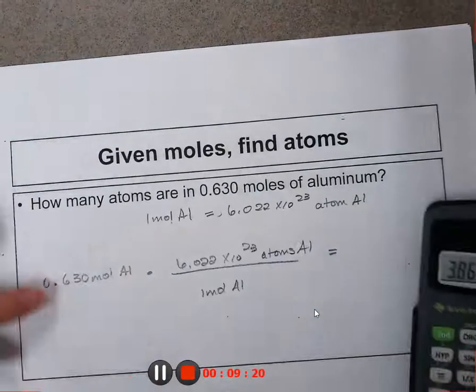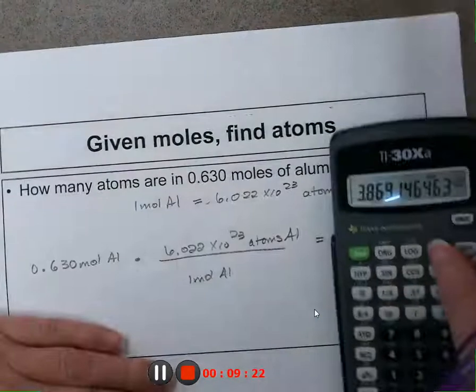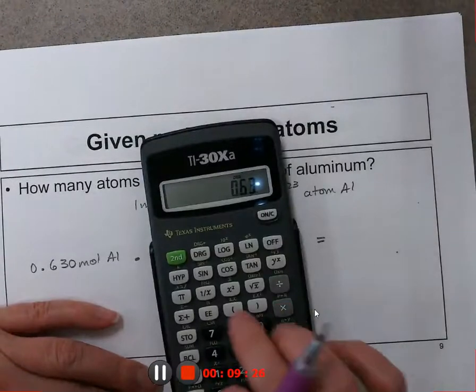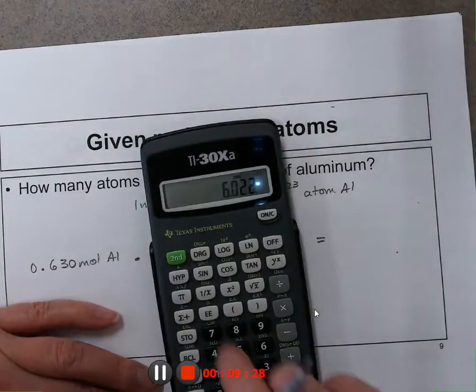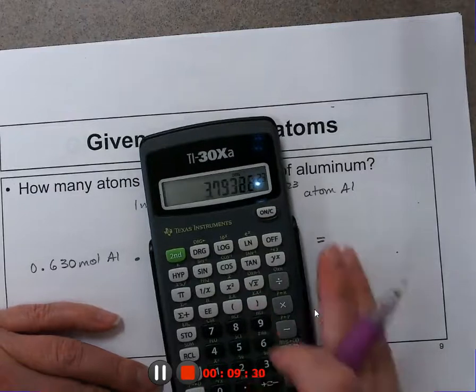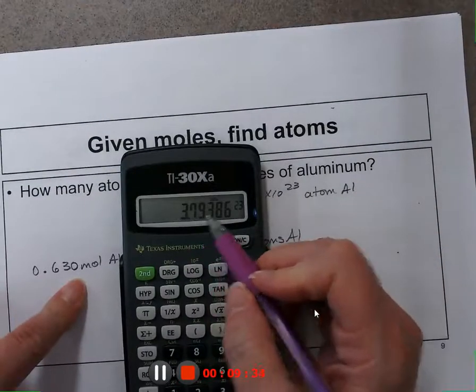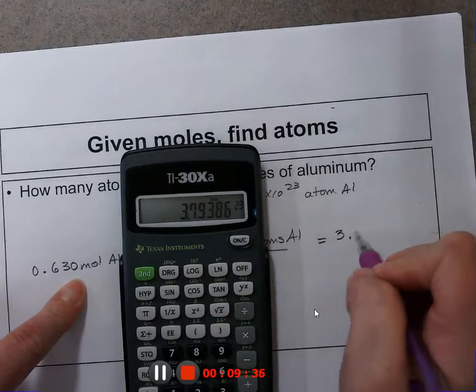And now this is just a simple multiplication because dividing by 1 doesn't do anything. Three significant digits, 1, 2, 3, look to the right, round down.